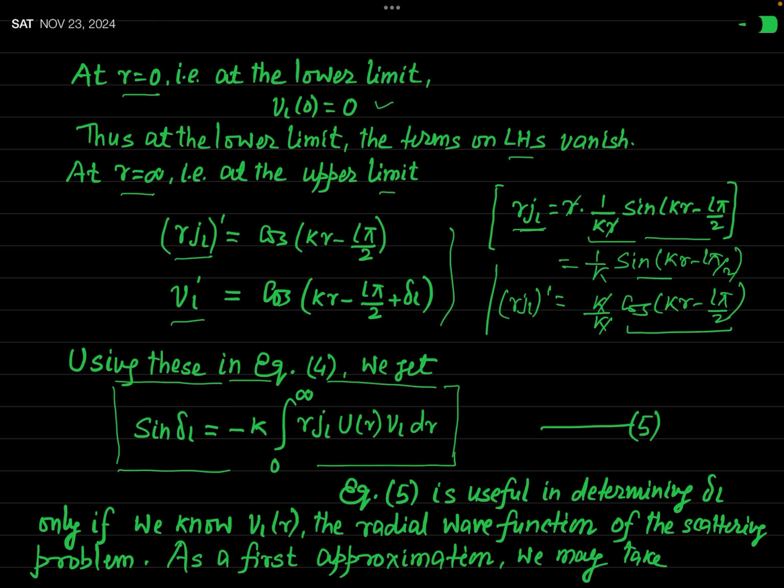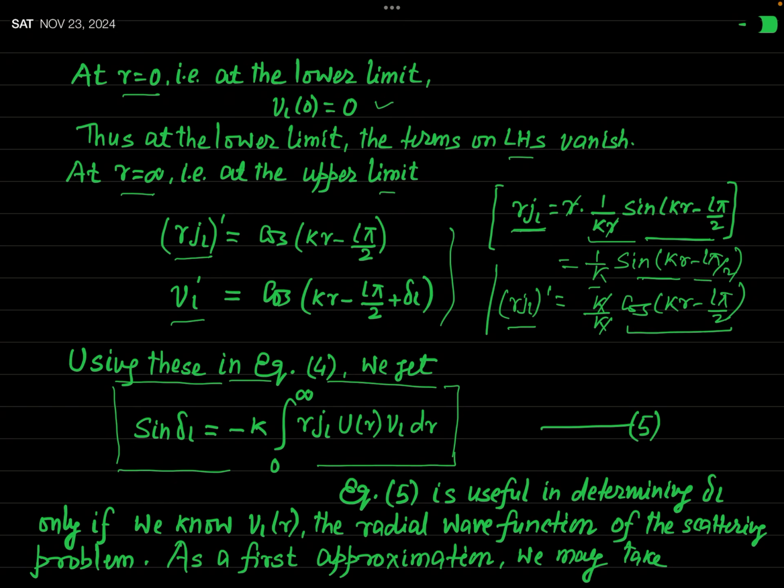The asymptotic form of JL, when R tends to infinity, is 1 over KR times sine of KR minus L pi by 2. So R times JL will be R times this much, R will cancel out, and the asymptotic form of R times JL will be 1 over K sine of KR minus L pi by 2.